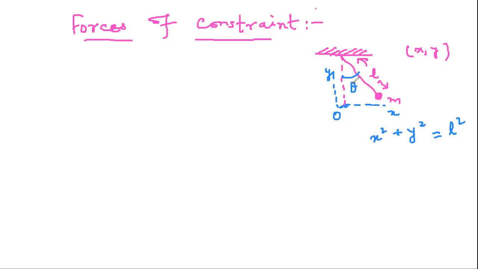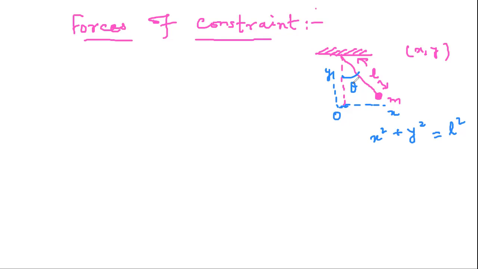So the variables in the system, which were x and y, if we use the Cartesian coordinates, were reduced to one, theta, by this constraint. So in any mechanical system, there might be some number of independent coordinates which change with time.